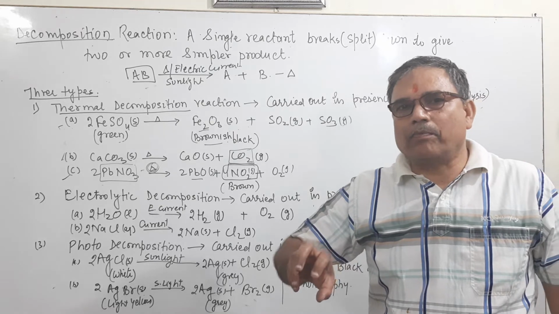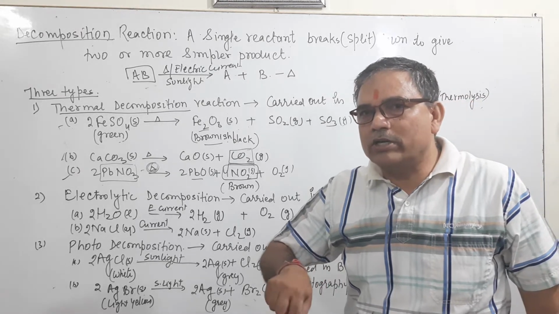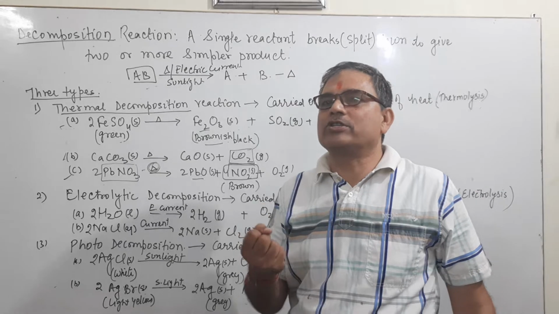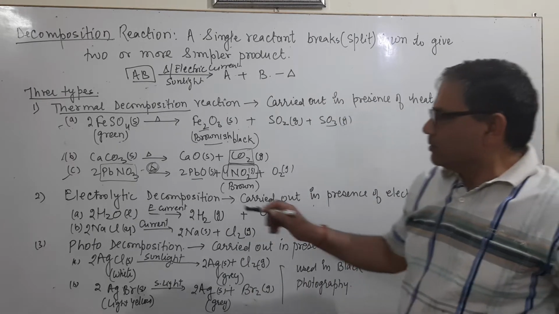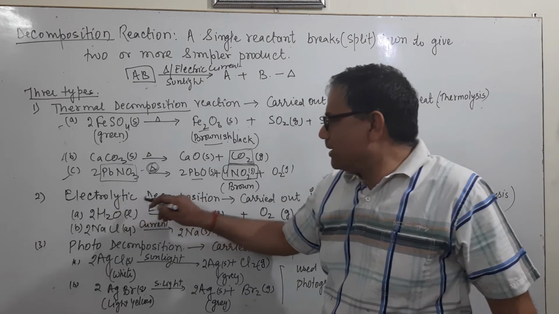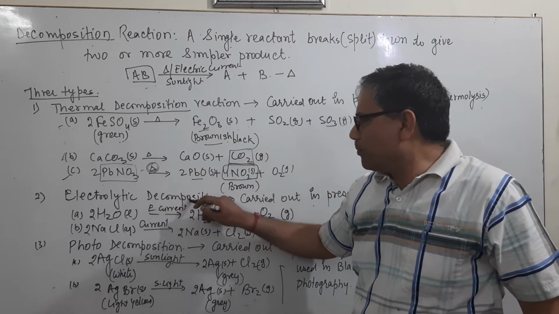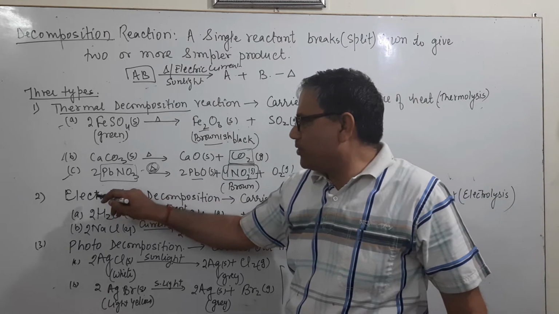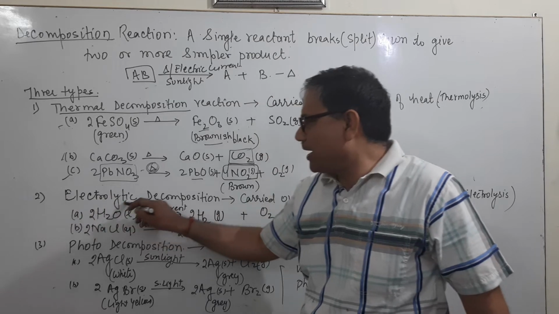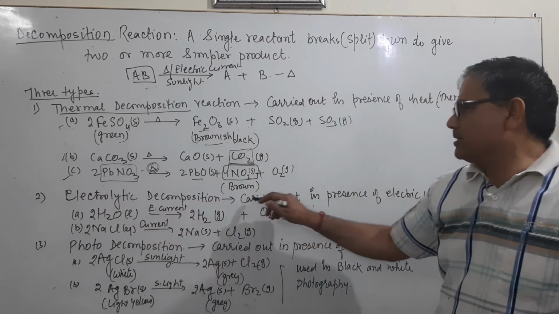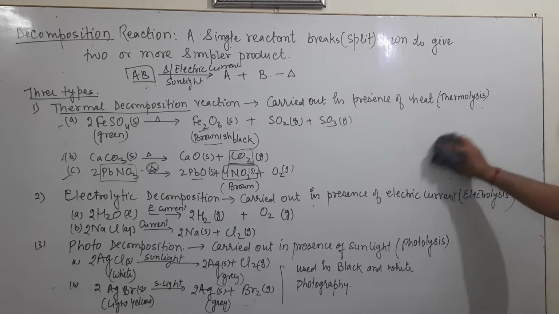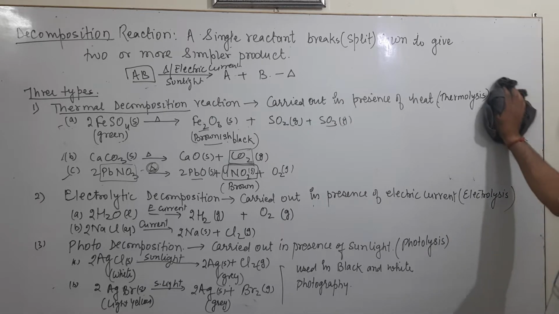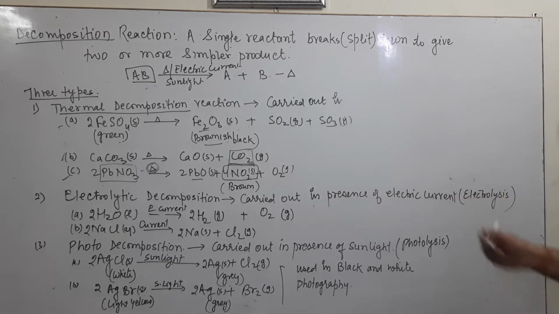Electric current is passed through a solution in molten or liquid state. The second type is electrolytic decomposition. The decomposition carried out in the presence of electric current is known as electrolytic decomposition.